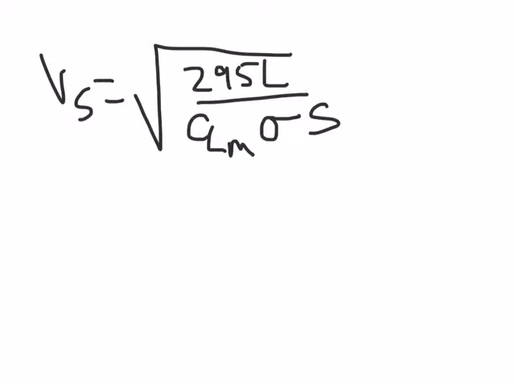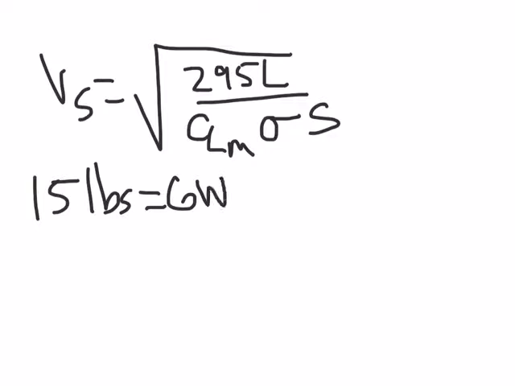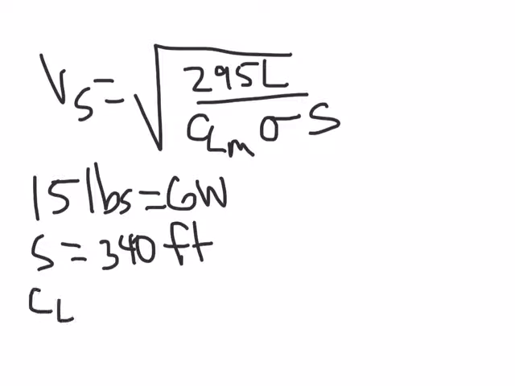Airplane has a CL alpha curve on figure 4.1, gross weight 15,000 pounds, wing area S is 340 feet squared. CL max, if we looked at that airfoil on figure 4.1, is 1.3, and sea level is a standard day.